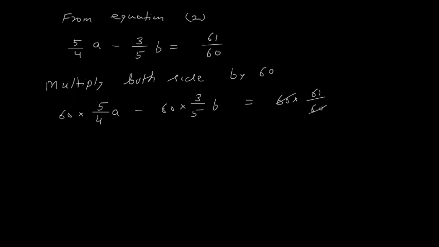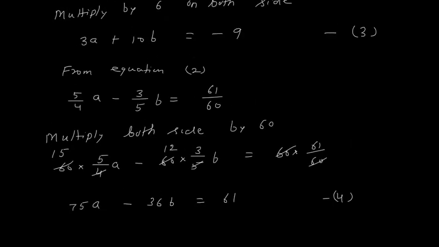So this 60 cancels. 4 into 15 is 60, so 15 into 5, this is 75a, minus 5 into 12 is 60, so 12 into 3, 36b is equal to 61. This is my equation number 4.